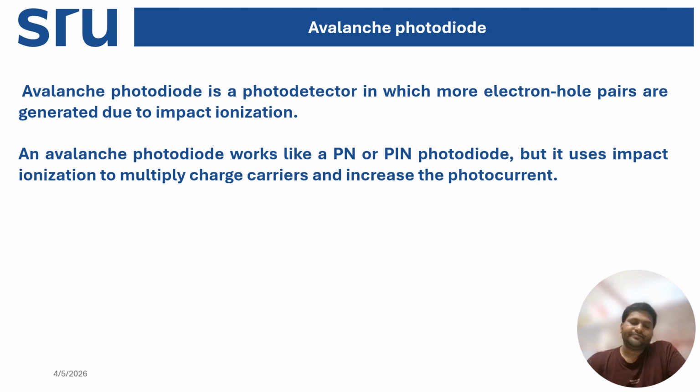And avalanche multiplication: a high energy electron collides with atoms and generates additional electron hole pairs. This leads to a chain reaction called impact ionization. As a result, one photon can generate multiple charge carriers, increasing the current.